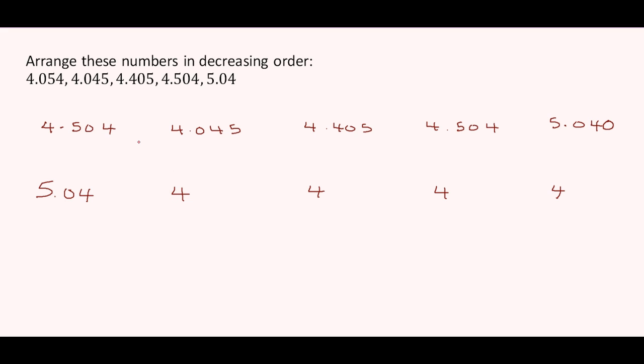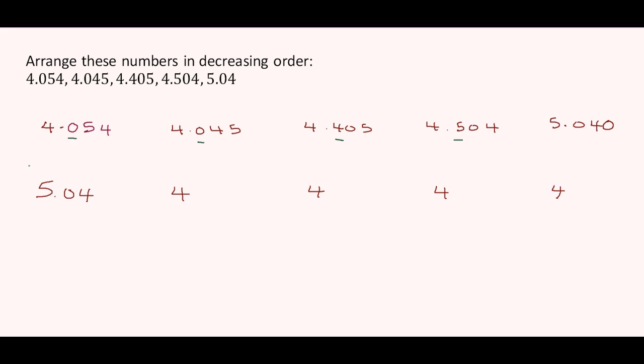Let's look for the next digit after 4. We have a 5 here, we have 0 here, we have a 4 here, and we have a 5. So I wrote the numbers wrong here, so let's correct that. This is actually 4.054.